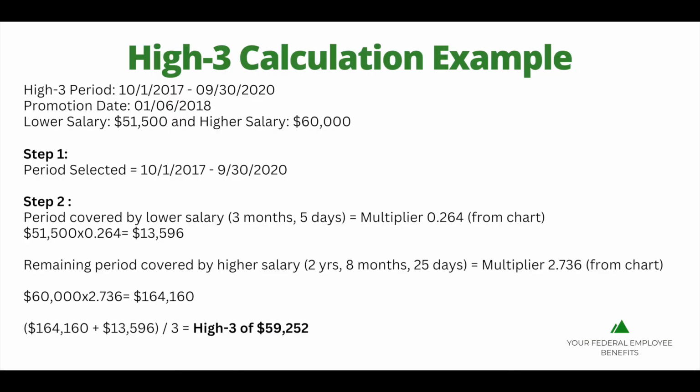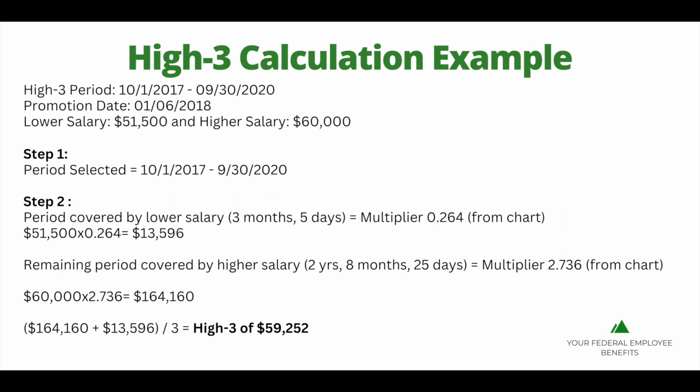Let's say we have our favorite Fed, Bob. He's found his 3 years where he had the highest pay using his SF50s, and he had one promotion during this 3-year period. So he needs to find the weight for the change in pay. Let's say his pay was $51,500 at the beginning of this period.